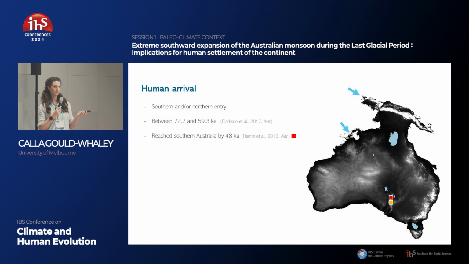So this is the Warratyi rock shelter, and it's just directly north of our study site. And the route by which they went from northern Australia through to southern Australia is really debated.